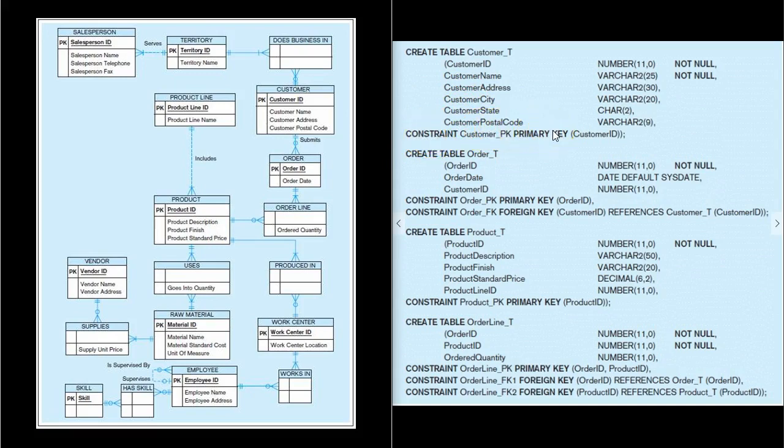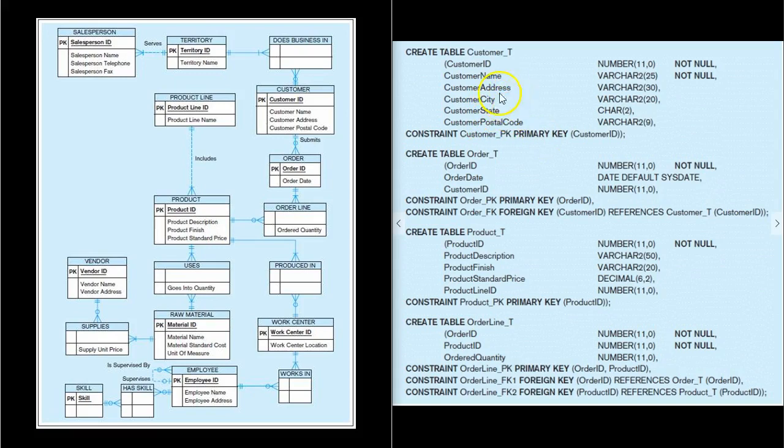And there are a few ways to identify primary keys and foreign keys, but this is one of those ways. And of course, that attribute has to be a non-null attribute. Now, technically, if you identify that as a primary key, it's automatically going to make that not null.